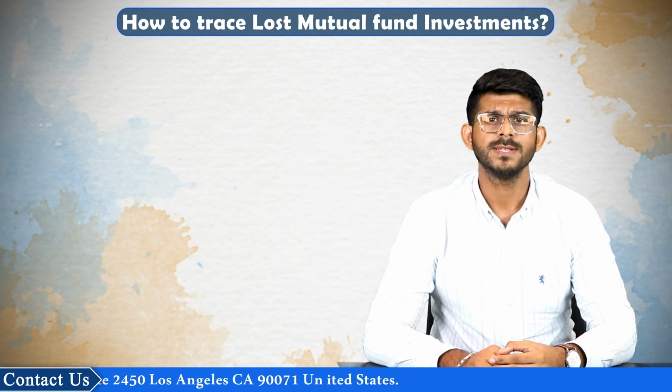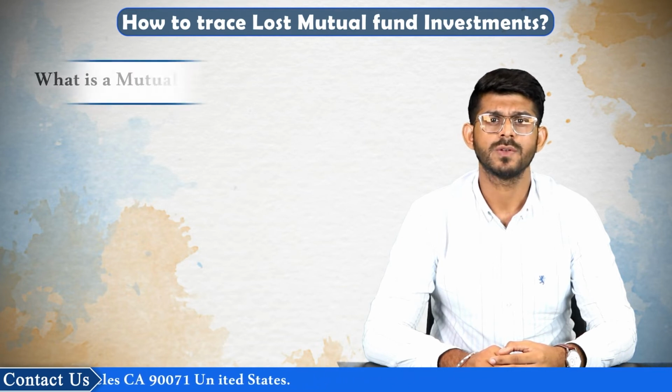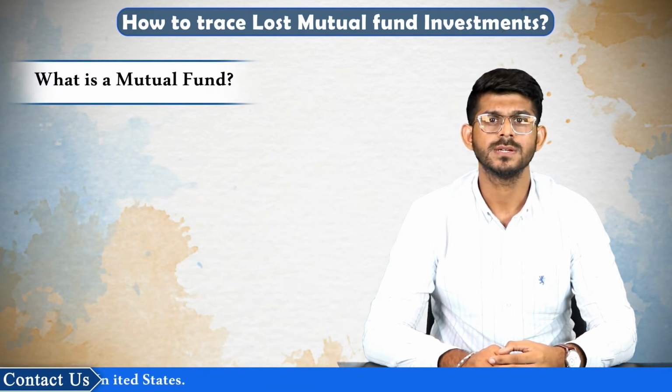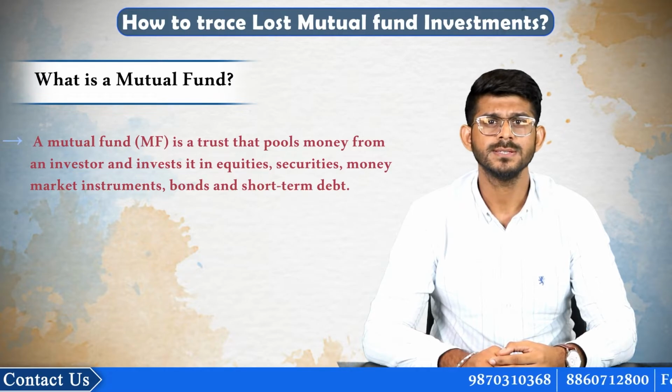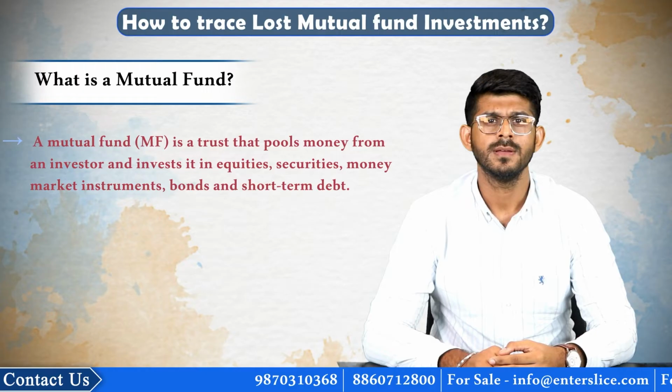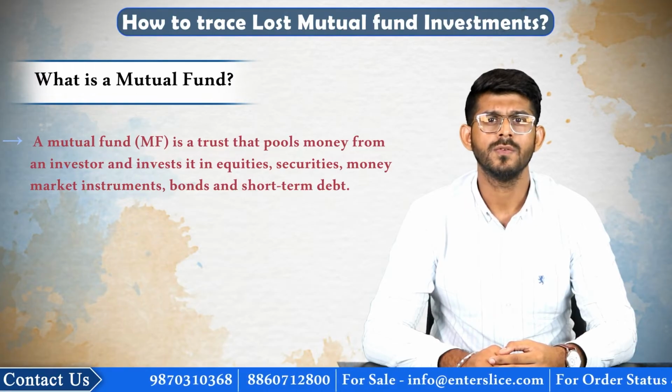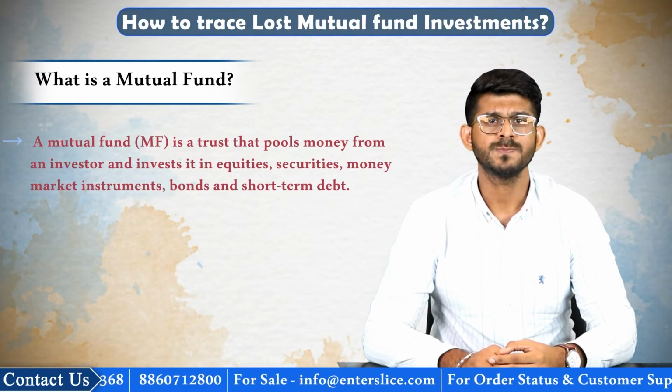Before proceeding with the ways, we will first discuss what a mutual fund is. A mutual fund is a trust that pools money from investors and invests it in equities, securities, money market instruments, bonds, and short-term debts. These consolidated holdings of the mutual fund are known as a portfolio.